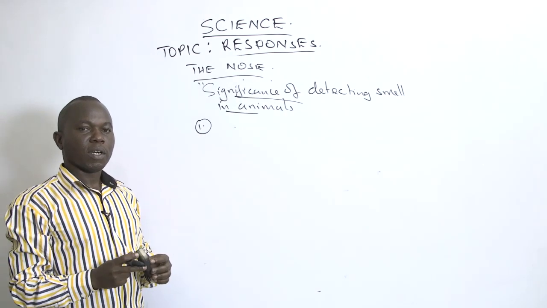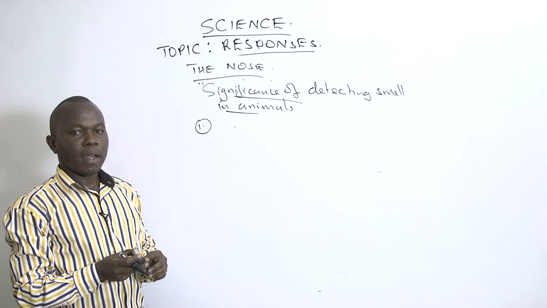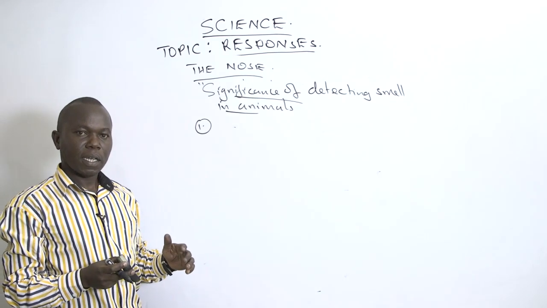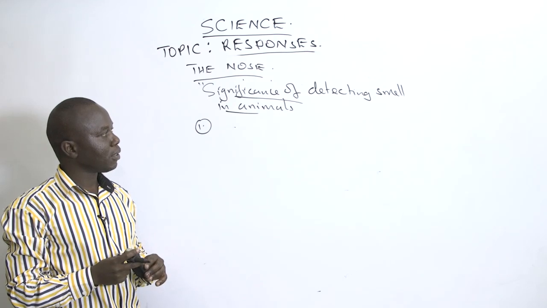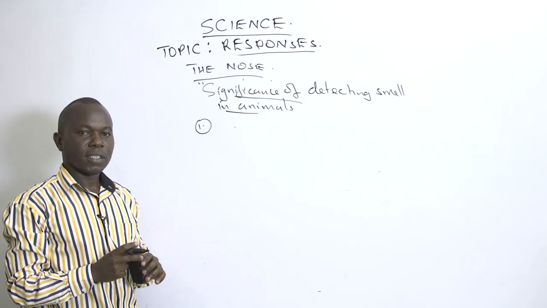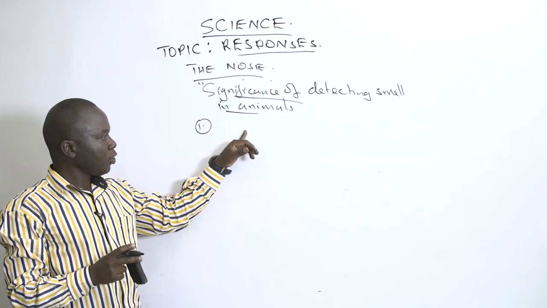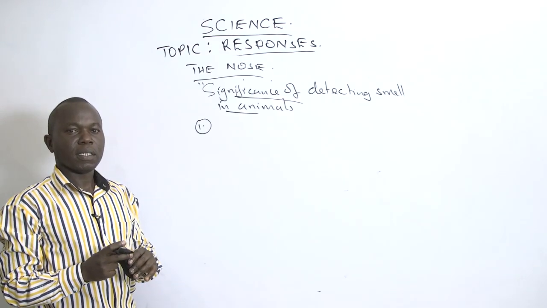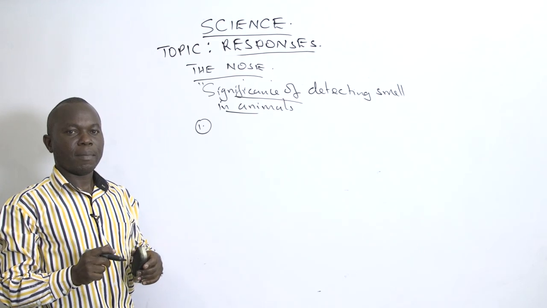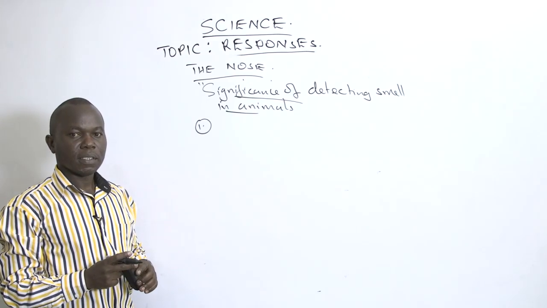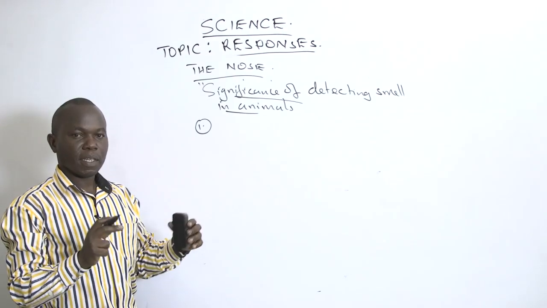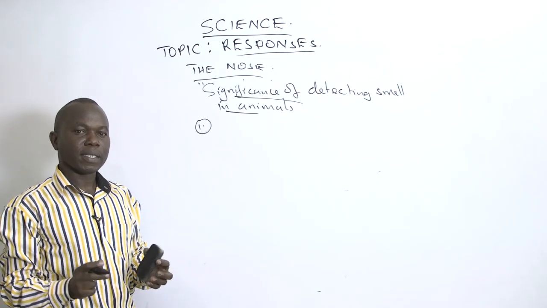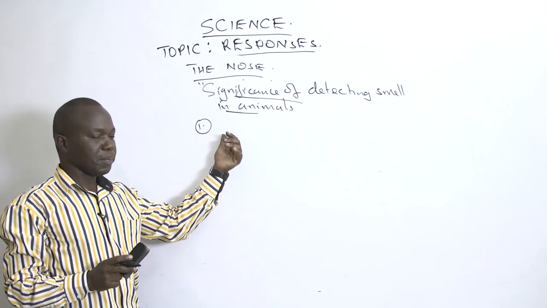Now, if you get into a room and you realize that there is a leak of methane gas. Methane gas is not poisonous, yes, but suppose there is an ignition somewhere, a matchbox or something, it can easily cause fire. That's why the cooking gas has that smell.